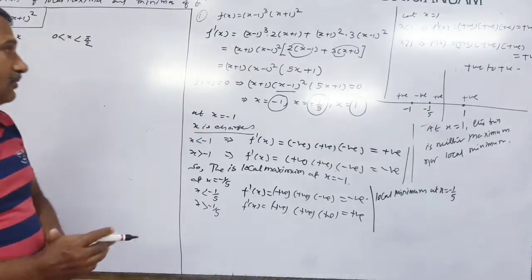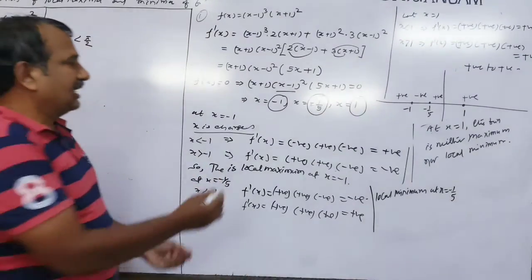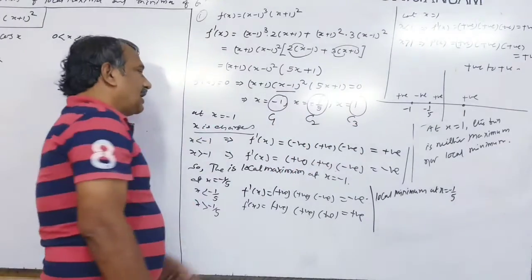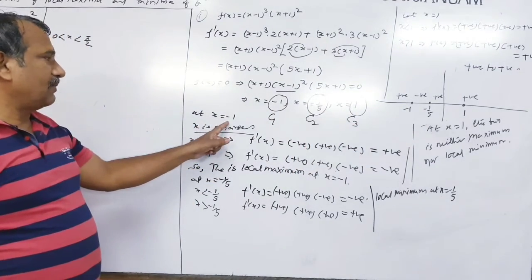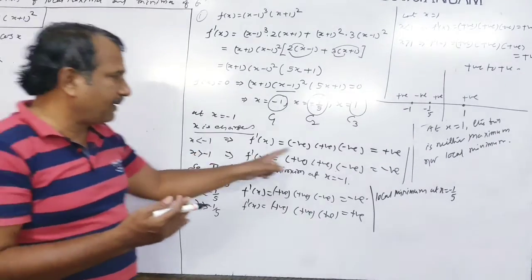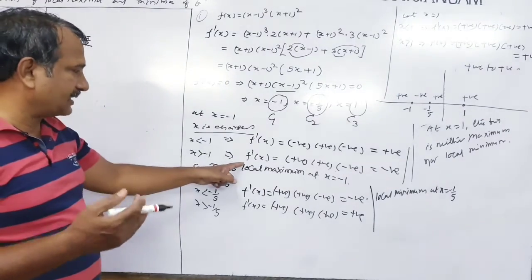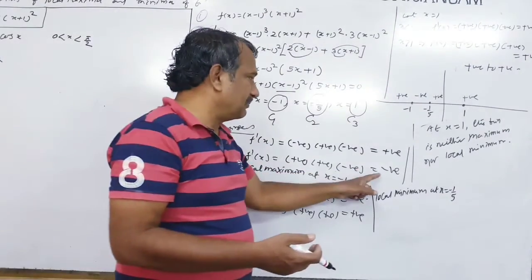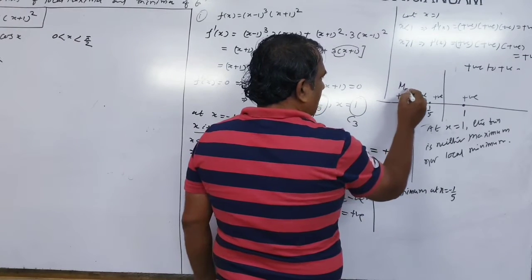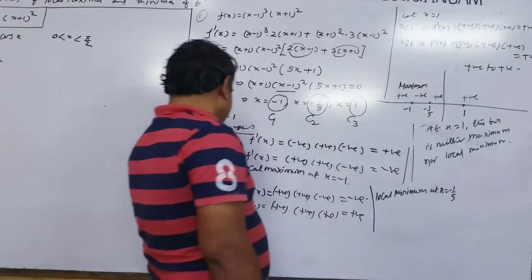Okay, now let us say this is c1, this is c2, and this is c3. Now at x equal to c1, -1, when x is less than -1, f dash is positive. When x is greater than -1, f dash is negative. So positive to negative means maximum.